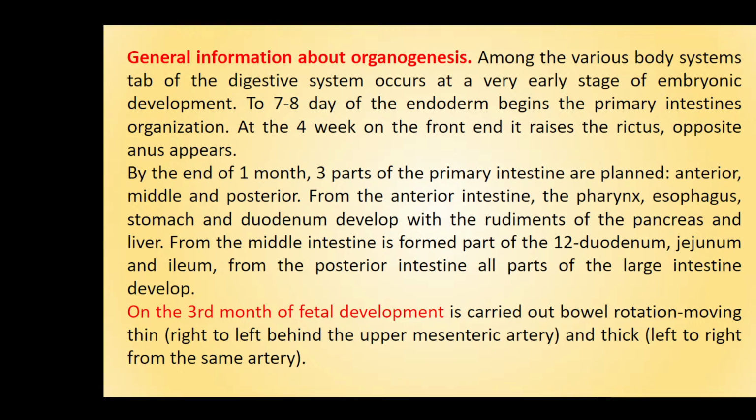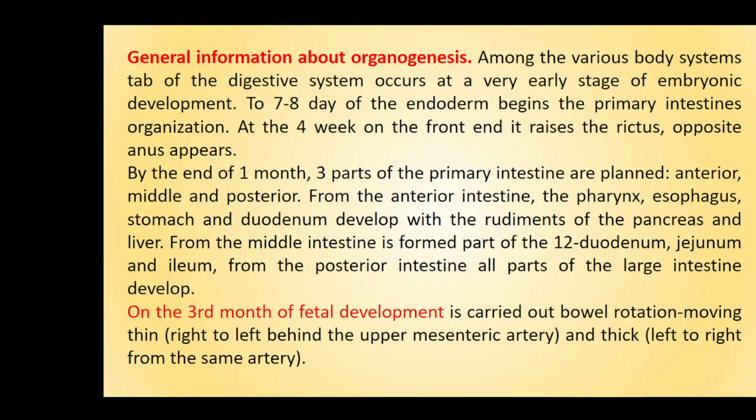From the anterior intestine, the pharynx, esophagus, stomach, and duodenum develop with a rudiment of pancreas and liver. From the middle intestine is formed part of the duodenum, jejunum, and ileum. From the posterior intestine, all parts of the large intestine develop.